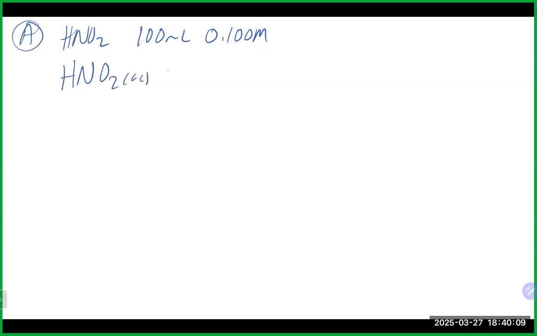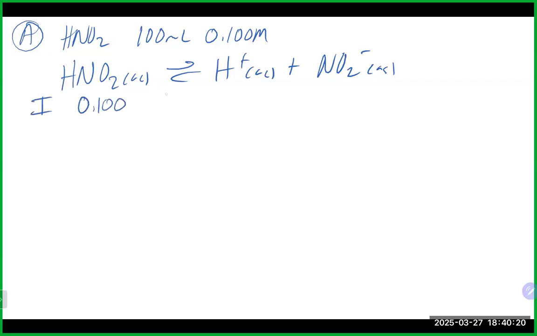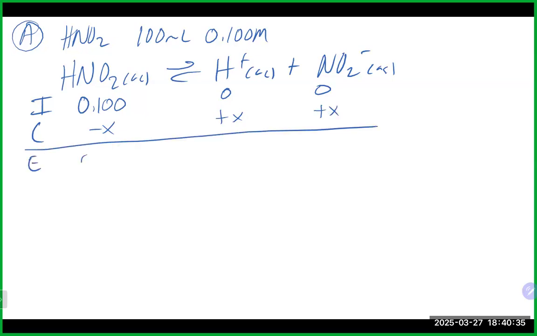We're going to take our weak acid and break it apart into H plus and a little NO2 minus. We can do this ice table with the original molarity as we have not added anything at this point. So this is just a regular Ka type of problem happening here. Minus X, plus X, plus X. That means at equilibrium, 0.1 minus X, X, and X.